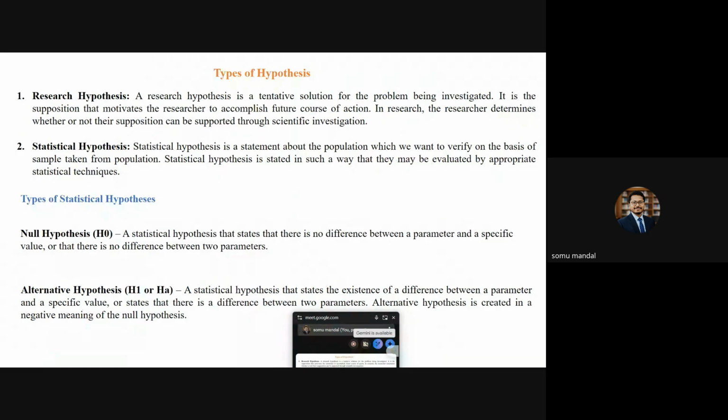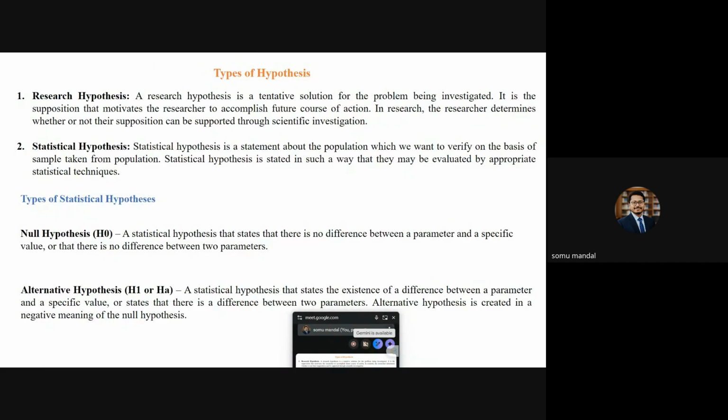A research hypothesis is actually a tentative solution for an investigation, and we can formulate it through our literature review. In other words, we can consider the research hypothesis a theoretical hypothesis.